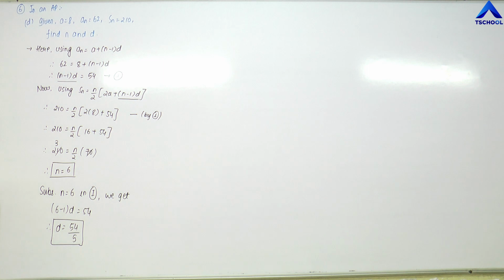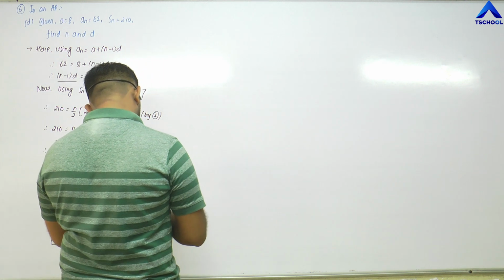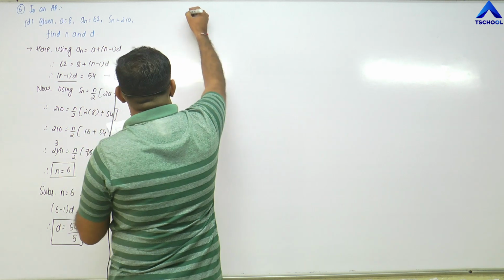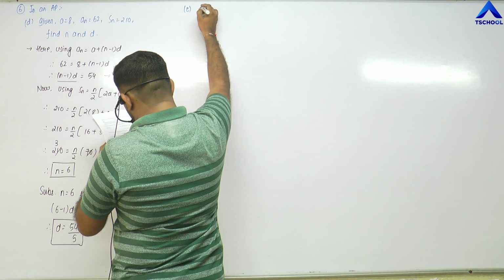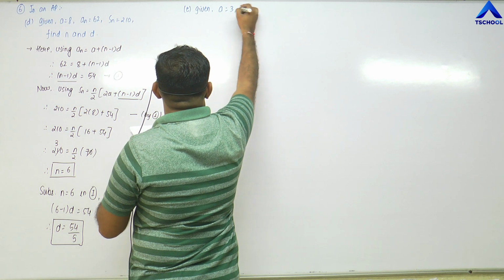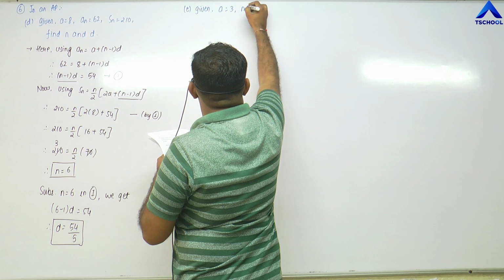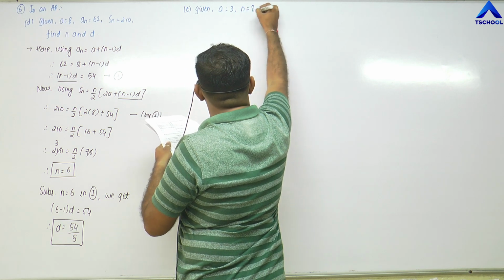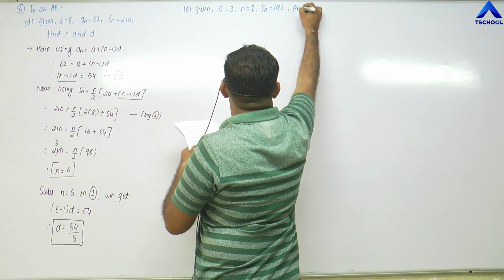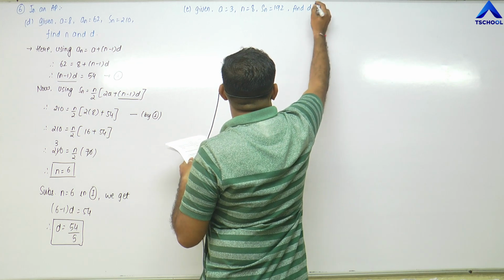Okay, now let us solve one more, the last one, I think. Given a equals to 3, sorry, my mistake, friends, n equals to 8, Sn equals to 192, find d.